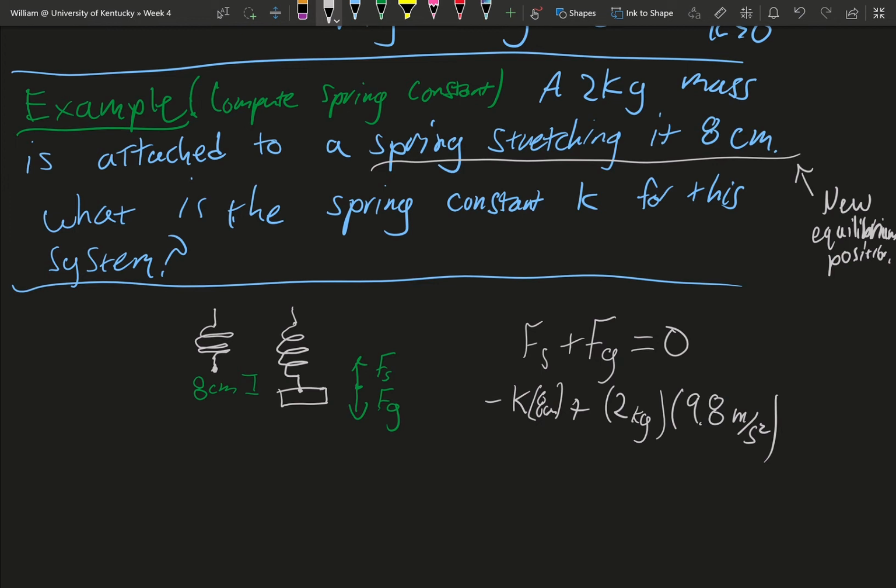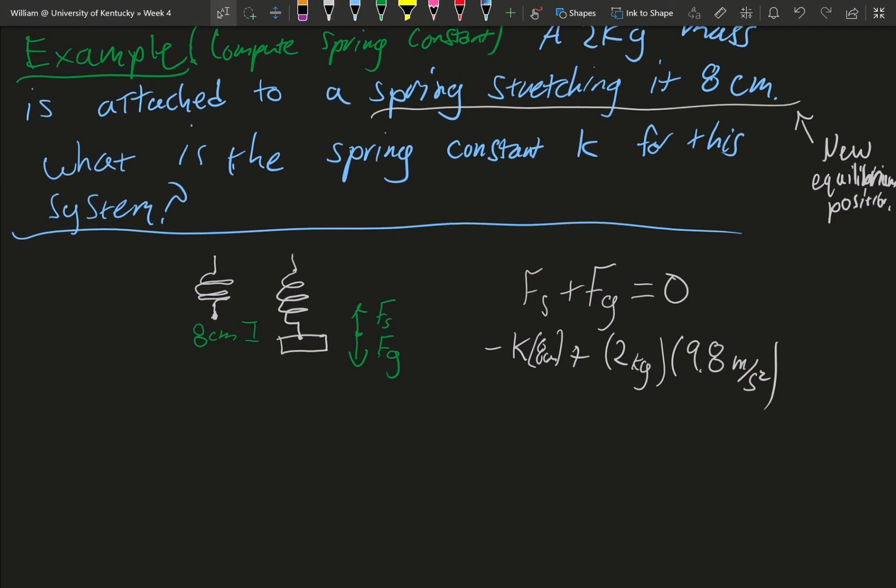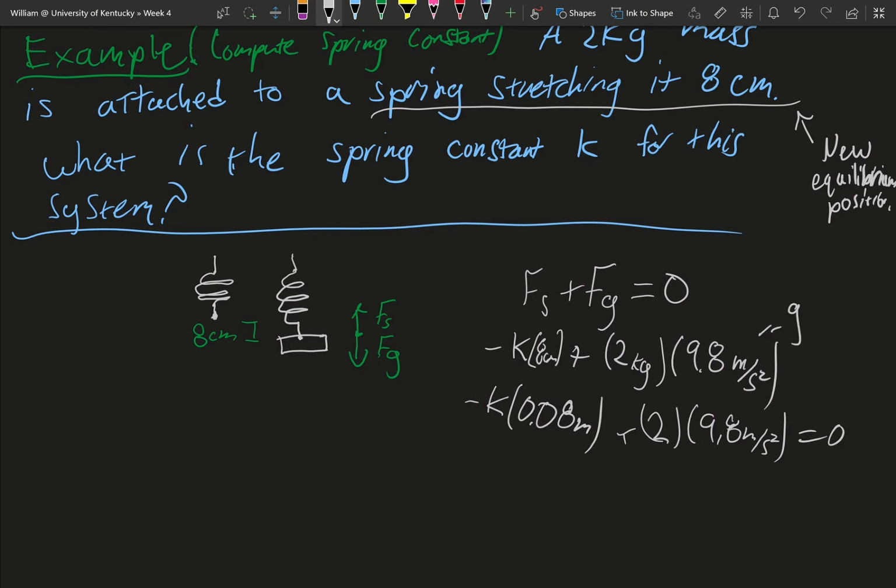I'm going to need to use the same units throughout. So I'm going to convert 8 centimeters to 0.08 meters. I could, of course, also convert this gravitational constant to 980 centimeters per second squared, but either one works.